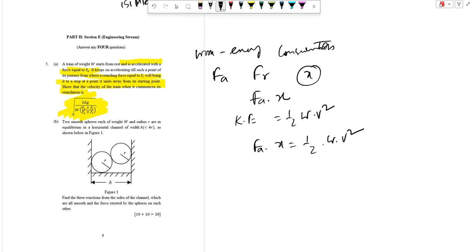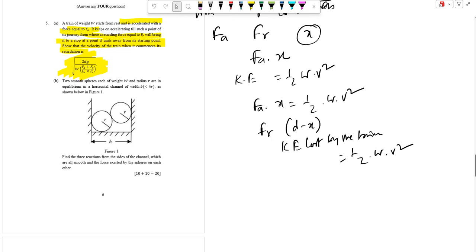During the retardation, the work done by Fr in stopping the train is Fr into (d minus x). So the kinetic energy lost by the train equals half into W into V square. Again by the work energy principle, Fr into (d minus x) equals half W V square.